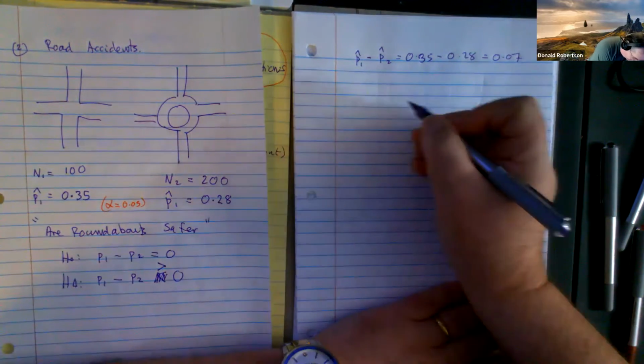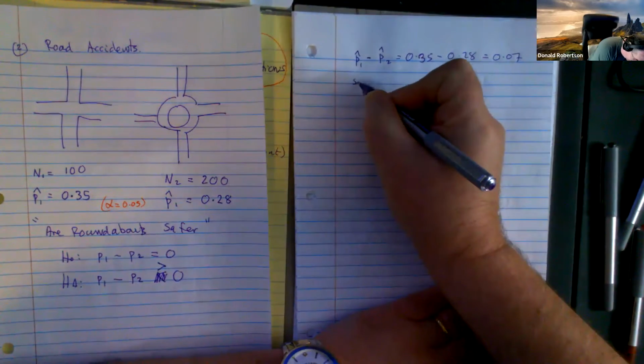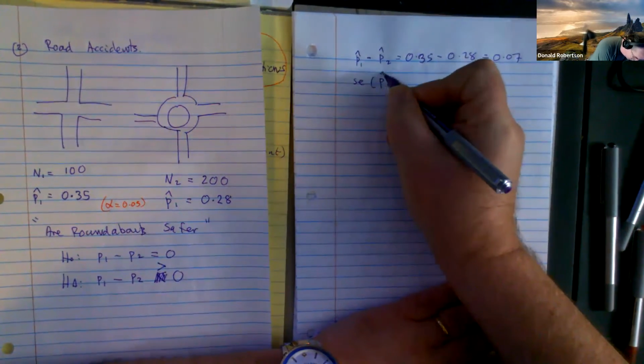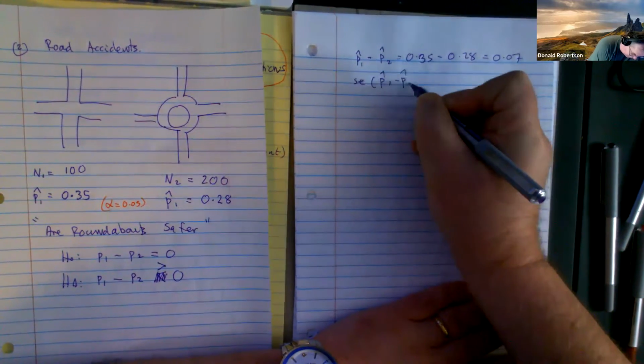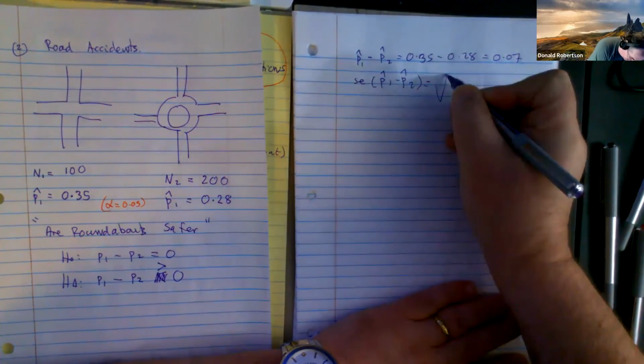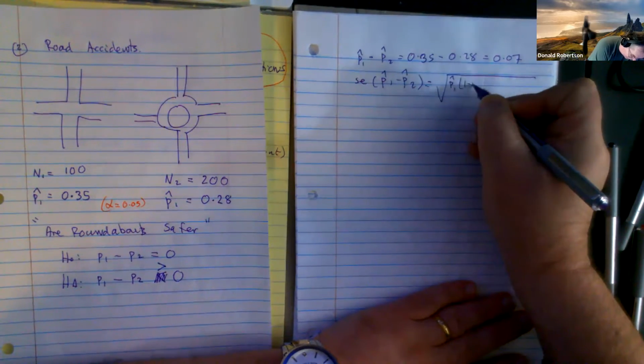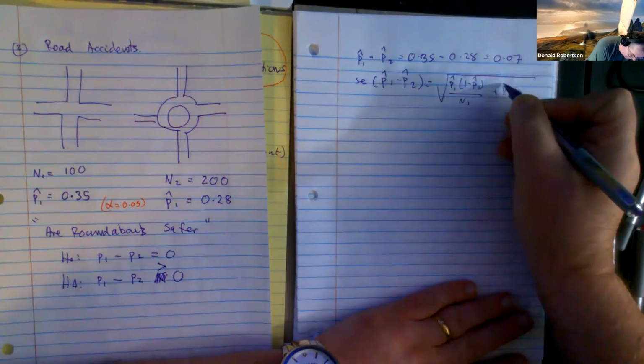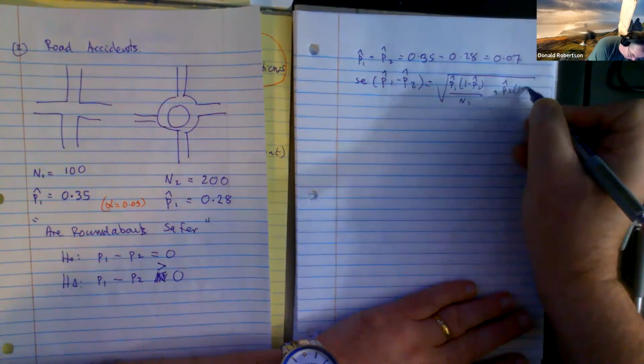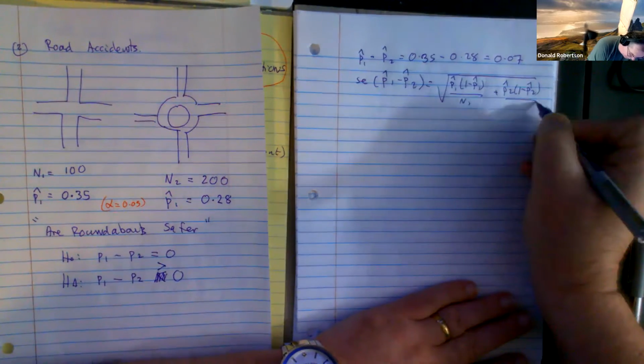Now, what we're going to calculate next is the standard error. This is the square root of P1 hat times 1 minus P1 hat over N1, plus P2 hat times 1 minus P2 hat over N2.